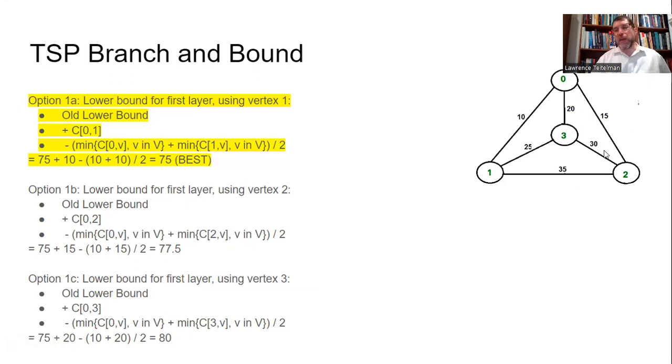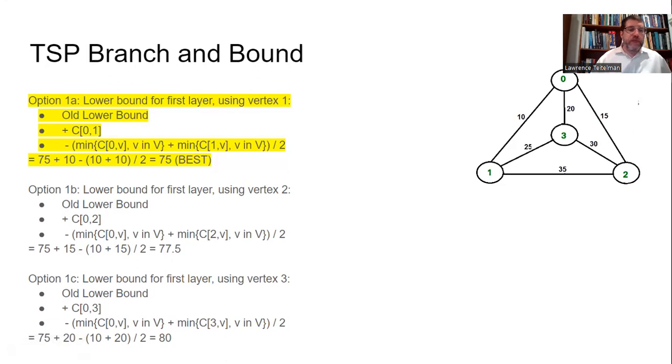And the lowest cost edge from 2 is 15, so that gets added in here. We take the average of that. So this is 90 minus 12.5 is 77.5. So we're saying if I go from 0 to 2, my lower bound overall becomes 77.5.